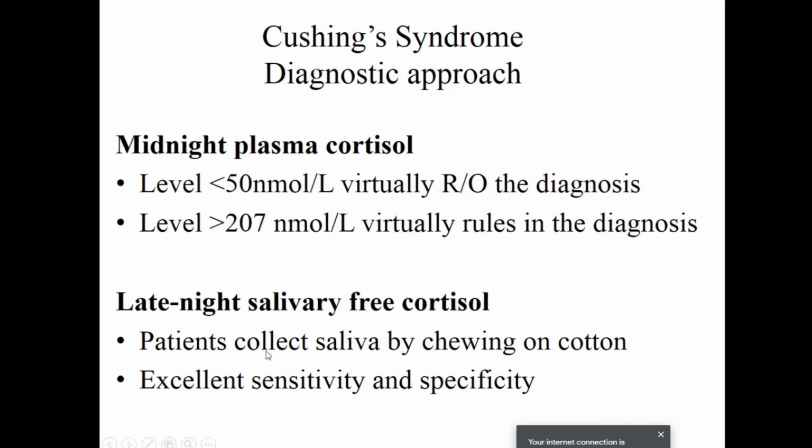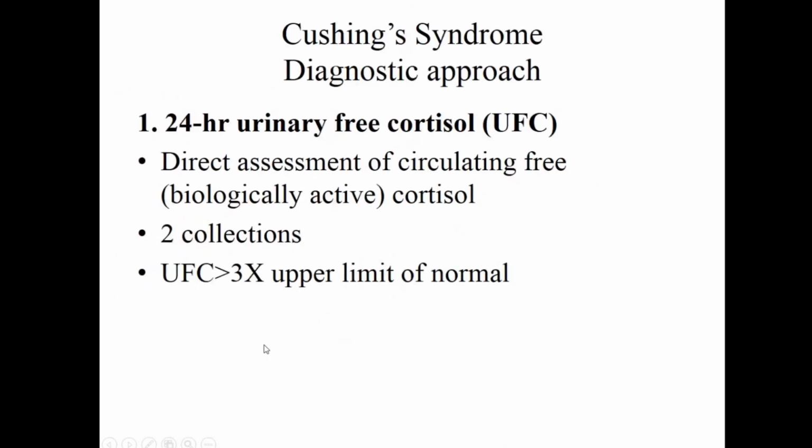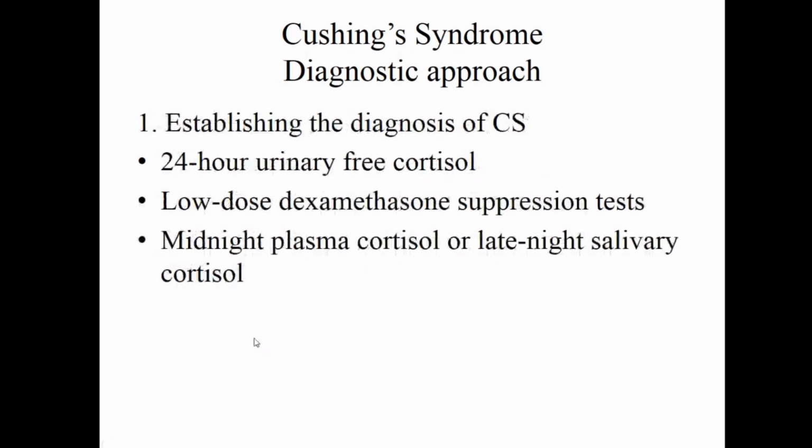However, you have to know what tests are done for the diagnosis of Cushing syndrome. To recapitulate, for the diagnosis of Cushing syndrome we have to find out the cortisol level. What will tell us that the patient could have Cushing syndrome is high cortisol secretion.